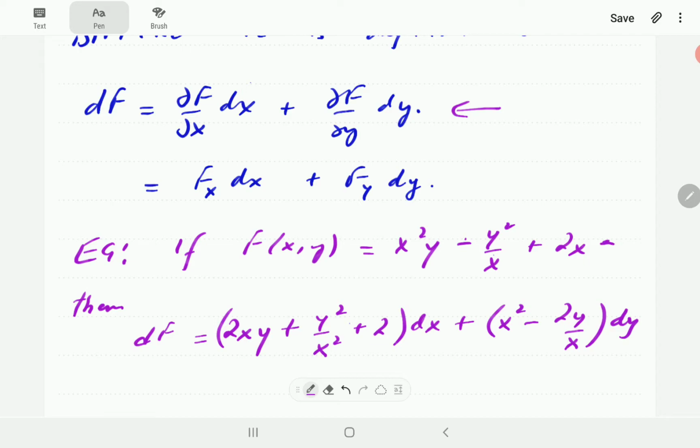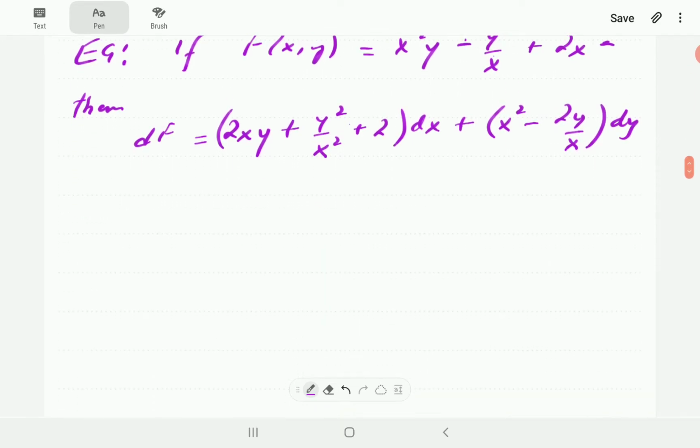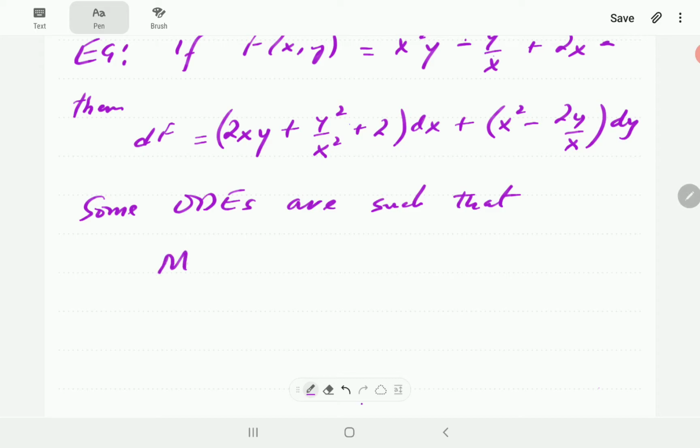Now we're going to relate this to ODEs. It so happens that some ODEs are such that they are the total differential of some function f. Remember, we write our ODEs in this form.